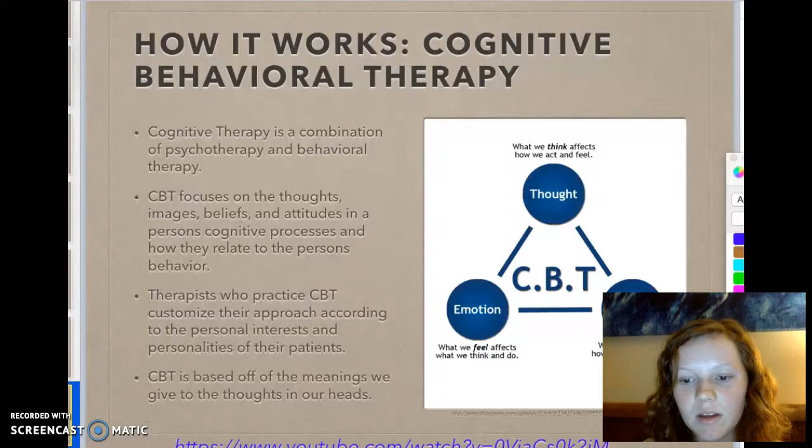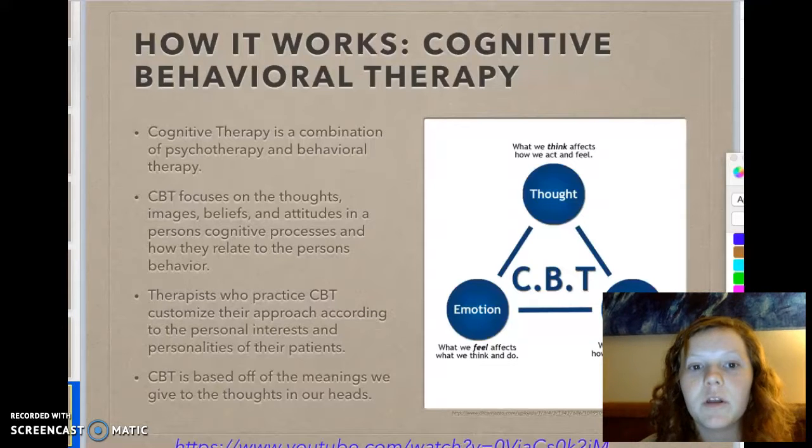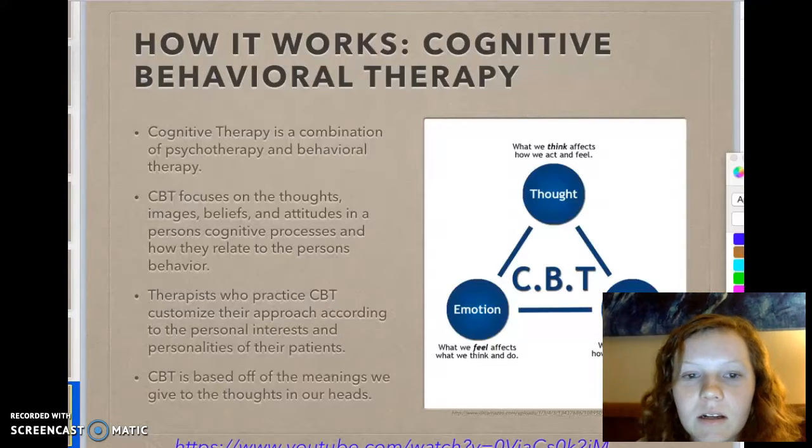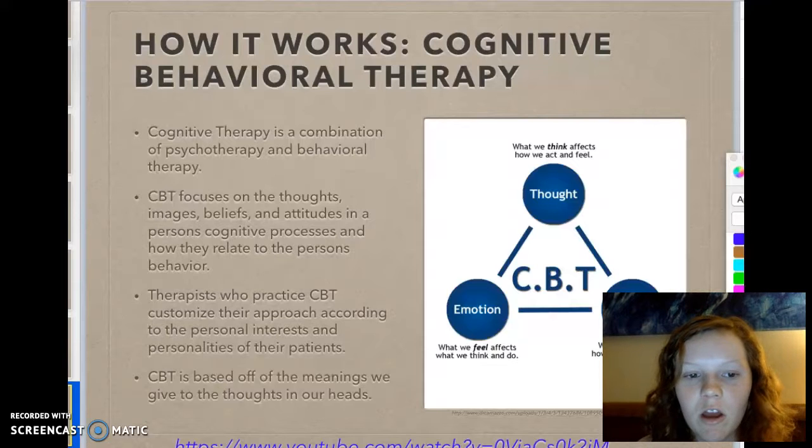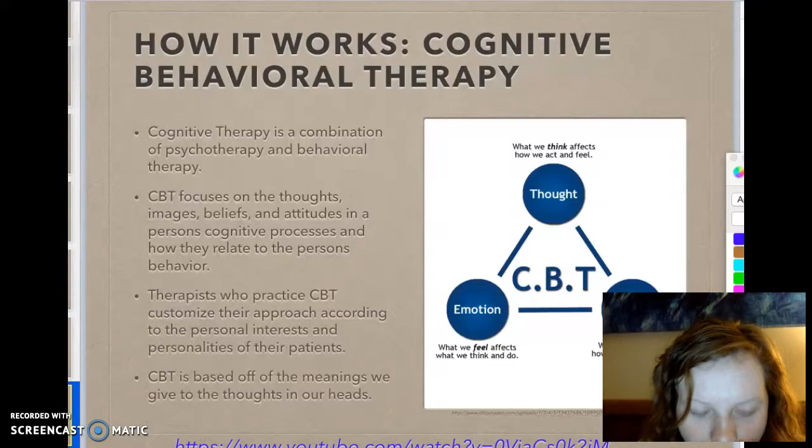So, this is how cognitive behavioral therapy works. It's a combination of psychotherapy and behavioral therapy, and it basically wants to focus in on the images, beliefs, and attitudes in a person's cognitive processes and how these things relate to their behavior.